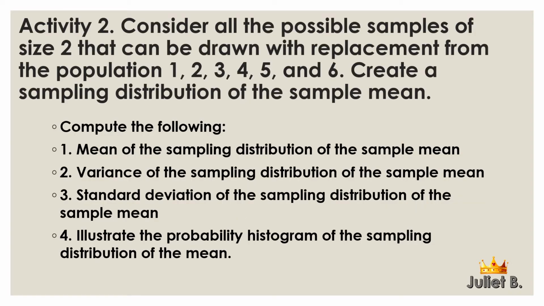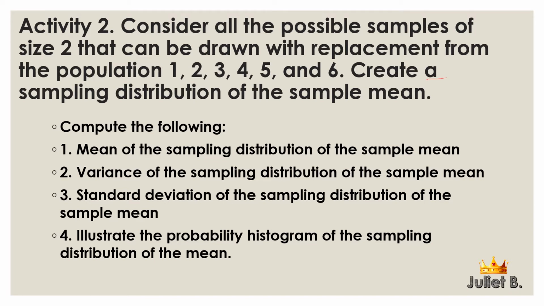Now, we have activity number 2. In here, we will still consider the population of 1, 2, 3, 4, 5, and 6. But this time, we will have samples coming from this having a sample size of 2. So let us consider all the possible samples of size 2 that can be drawn with replacement from the population 1, 2, 3, 4, 5, and 6.